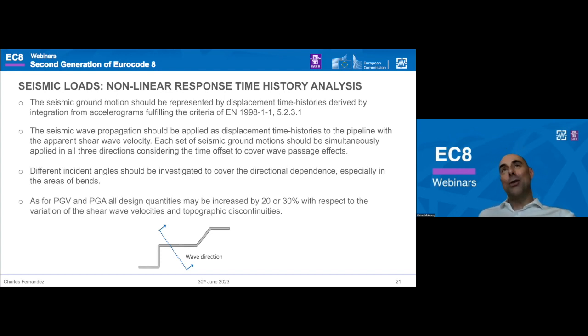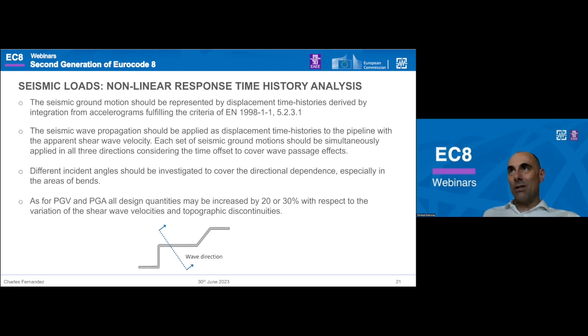So in order not to get crazy with all the influencing parameters, here it's also possible to simply increase the PGV and PGA values, as well as the design quantities coming from the time history analysis, by 20 or 30% with respect to the discontinuities along the pipeline. So not to overcomplicate the problem.